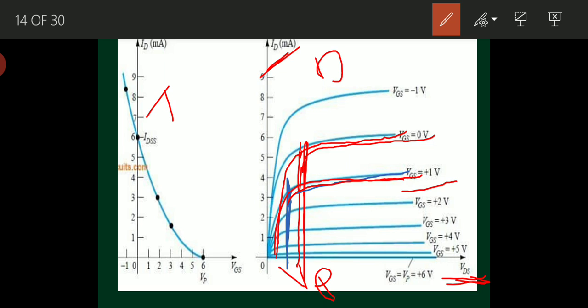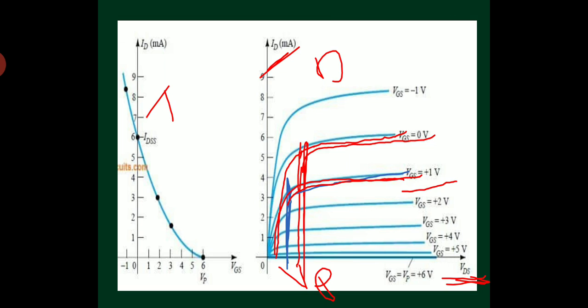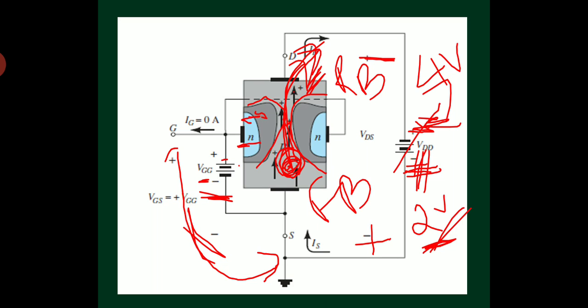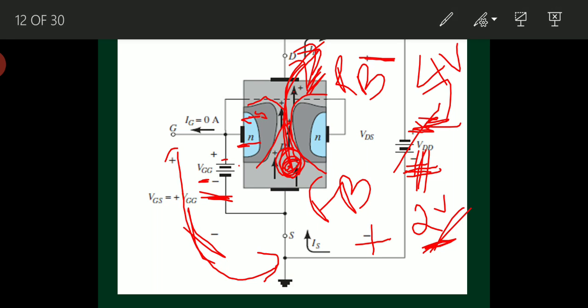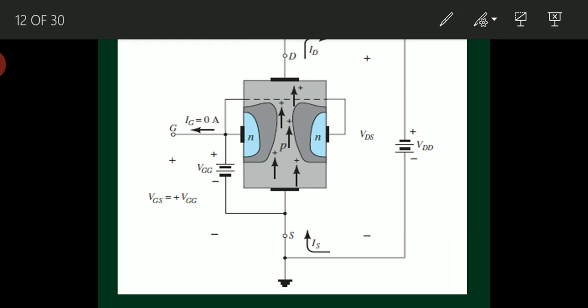If I apply more positive VGS, more positive voltage here, this is positive, this is negative.